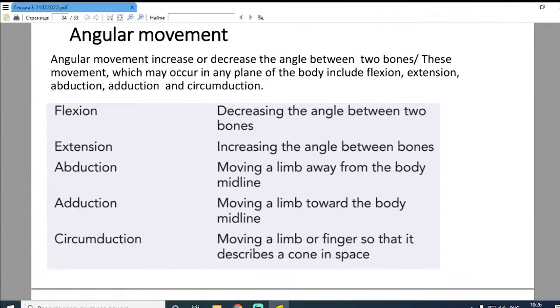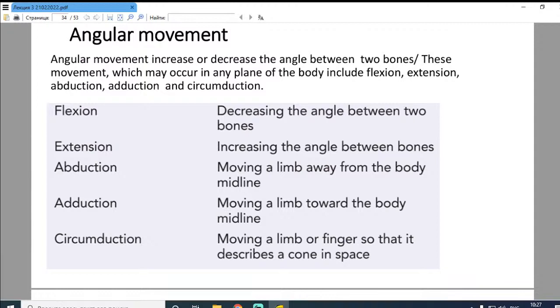Angular movement. Angular movement increases or decreases the angle between two bones. This movement, which may occur in any plane of the body, includes flexion, extension, abduction, adduction, and circumduction. Flexion decreases the angle between two bones.